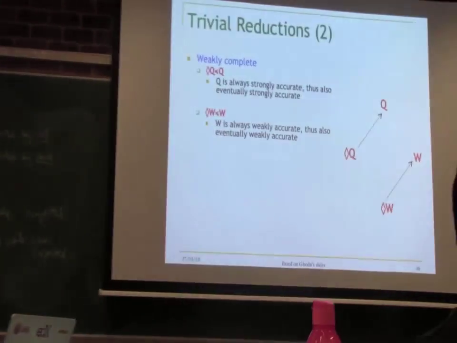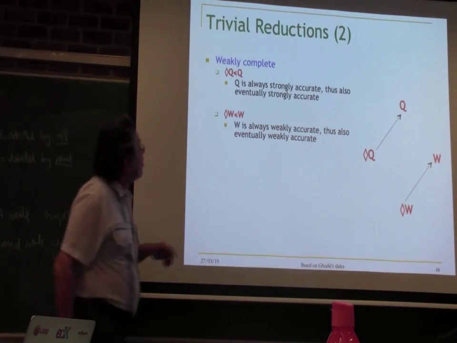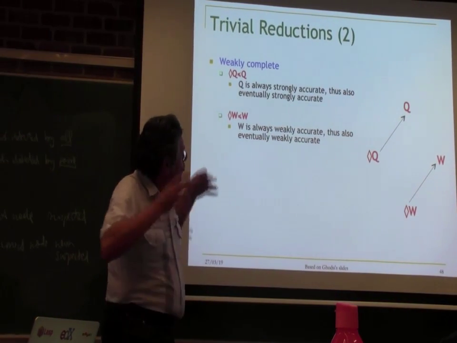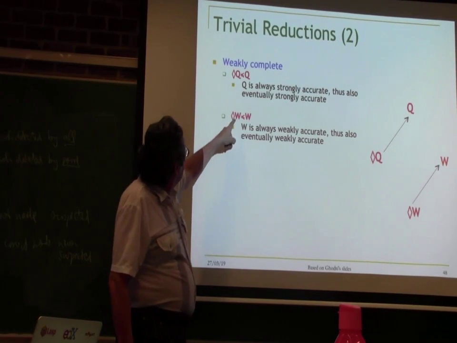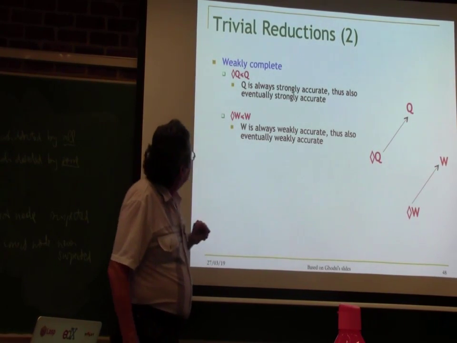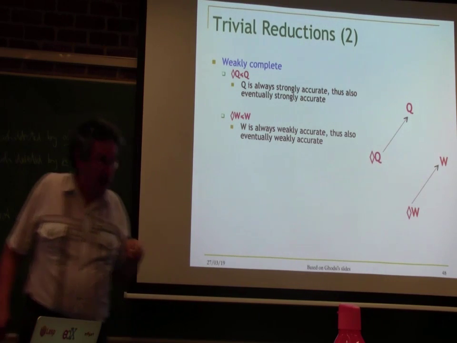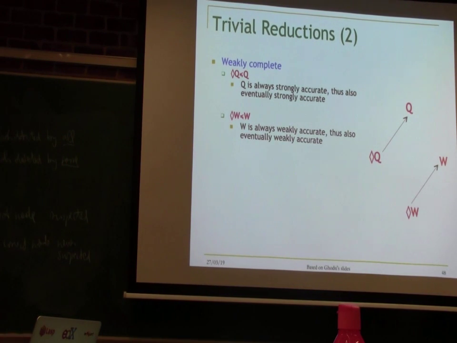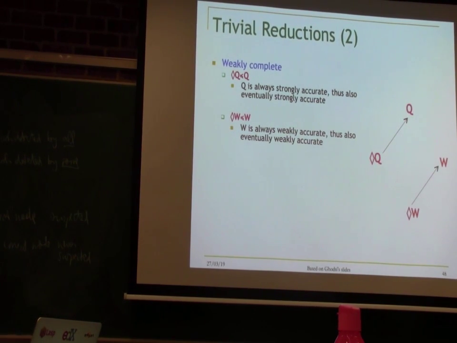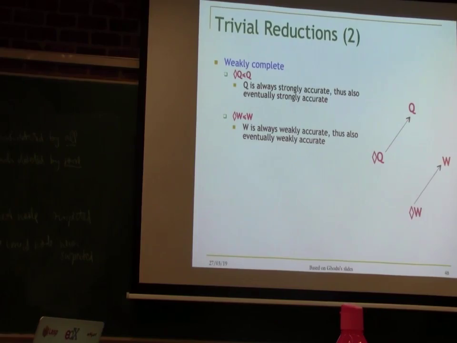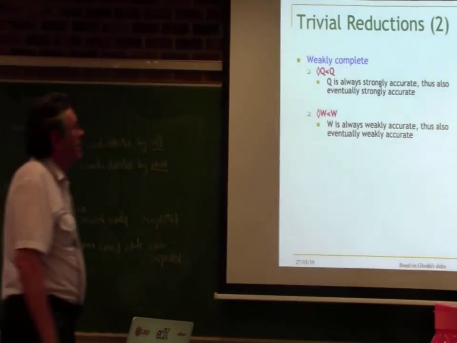And then there's this W detector, which is called the weak detector for some weird reason. So this one is a weakly accurate version of Q, which means that it makes mistakes with respect to everybody except one guy. It doesn't make mistakes with respect to that guy.